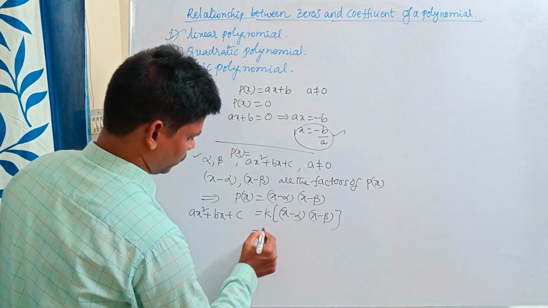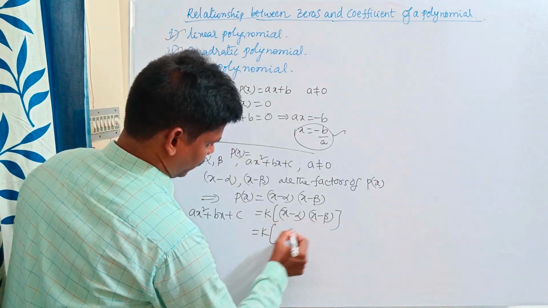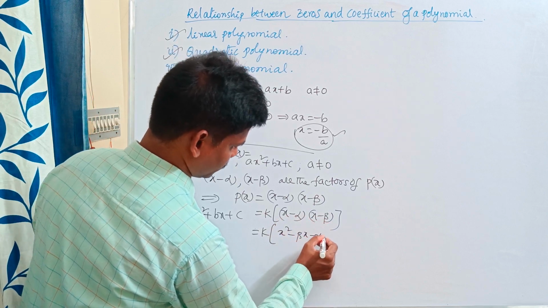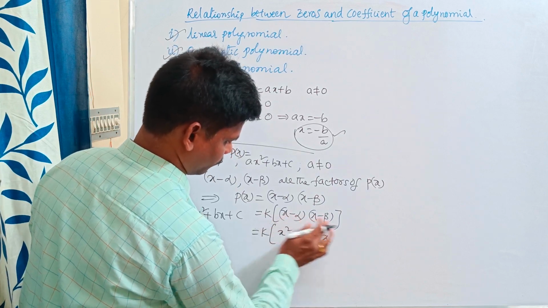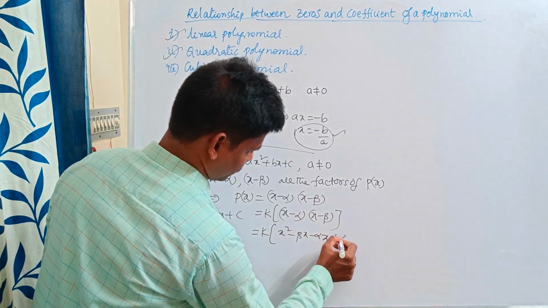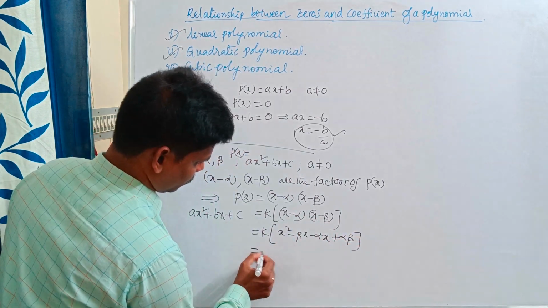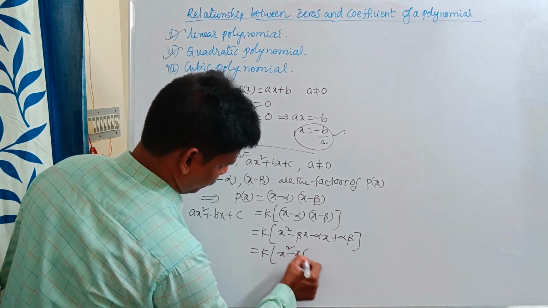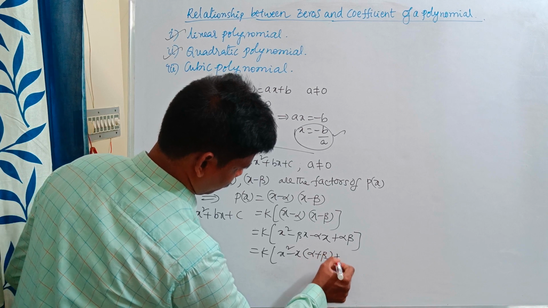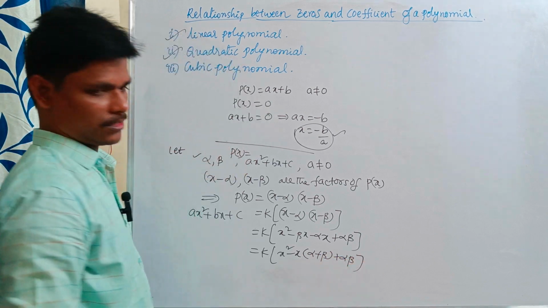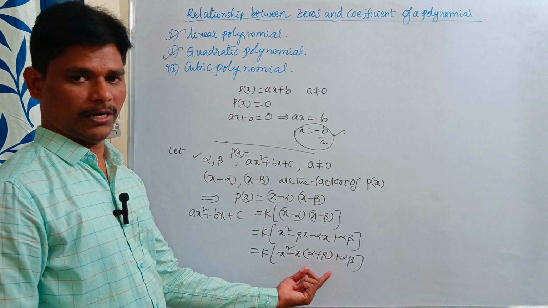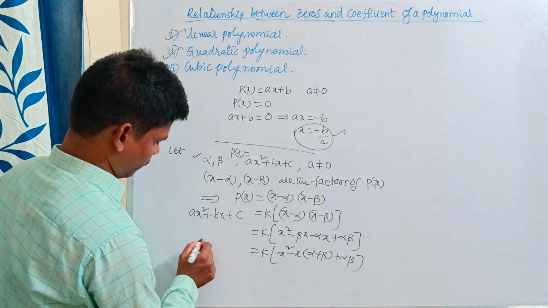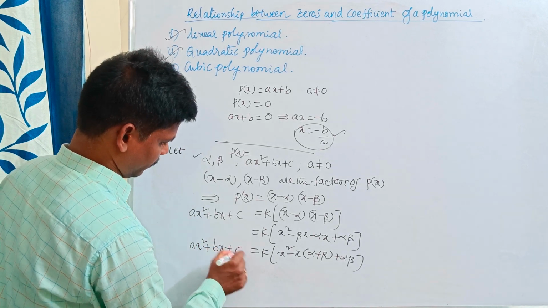Simplify: k into x square minus beta x minus alpha x, multiplying each term, minus into minus gives plus alpha beta. So k into x square minus x times alpha plus beta plus alpha beta. This is how we find the quadratic polynomial whenever the zeros are given.